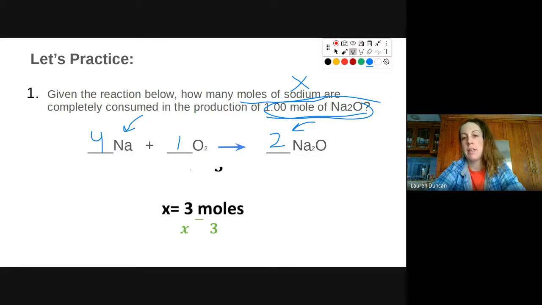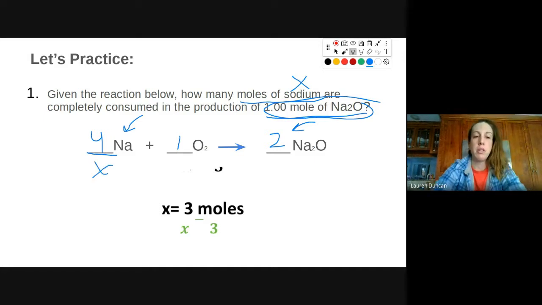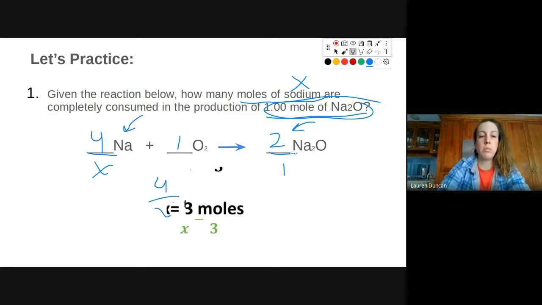But if you can't see it or you want to double check yourself, I'm looking for moles of sodium. So under the sodium's coefficient, I put the X. I'm given that I want to make 1 mole of Na2O, so under the Na2O, I put the 1. I would then bring it down: 4 over X from the sodium equals 2 over 1 from the sodium oxide.